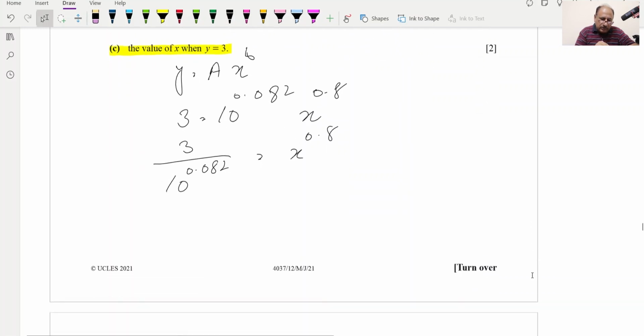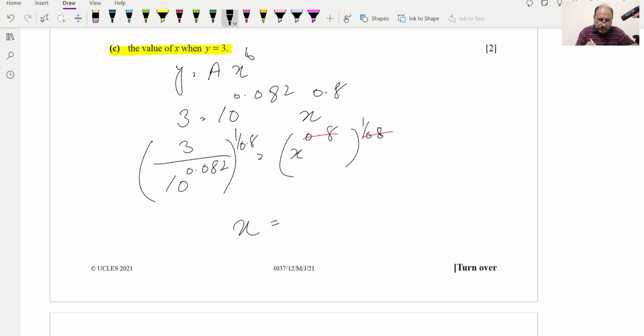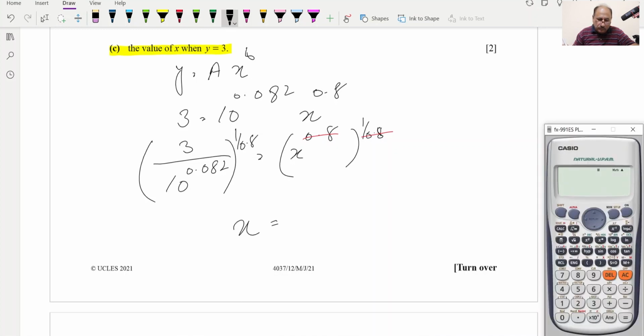To get rid of this 0.8, we can take power 1 over 0.8 on both sides. So this and this will be cancelled, and on this side we get x is equal to, in brackets, 3 over 10 raised to the power 0.082, bracket closed, and the power will be 1 over 0.8, and this is equal to 3.118.